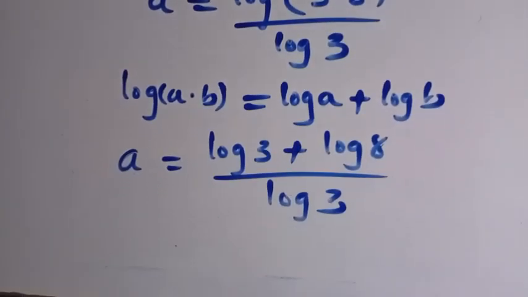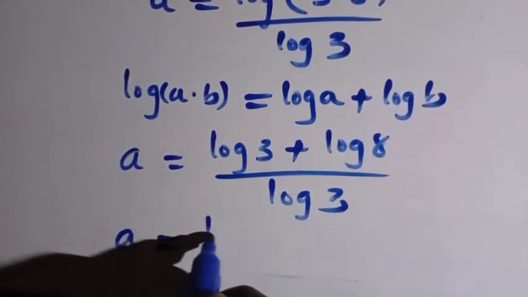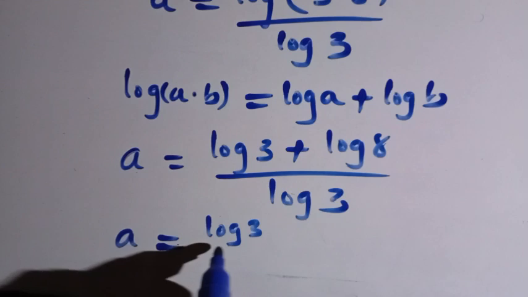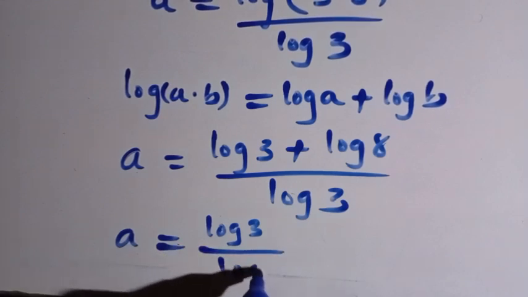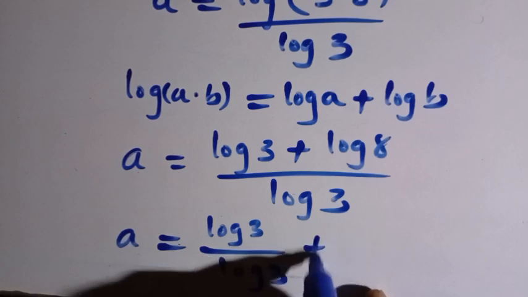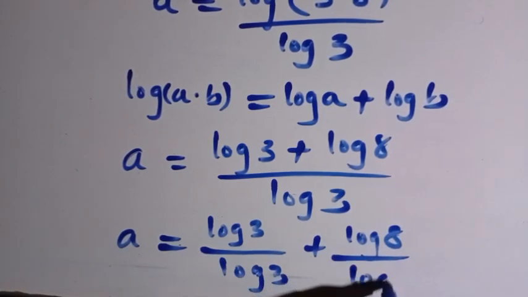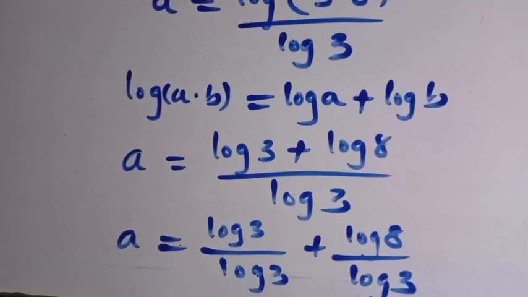When we divide by log 3, we have log 3 divided by log 3 plus log 8 divided by log 3.